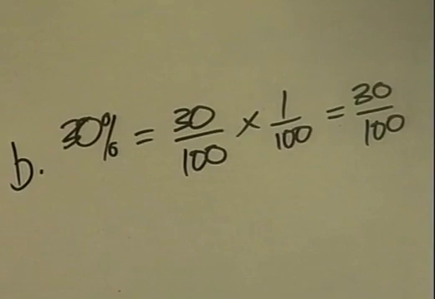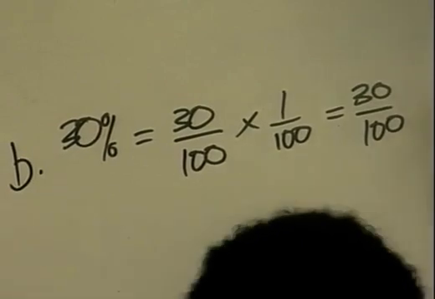30% is equal to 30 over 100. Okay, 30 over 100 times 1 over 100 equals 30 over 100. He's got 30 over 100. Can we simplify this fraction? Yes, by what? 10. Okay, he said 10 himself.